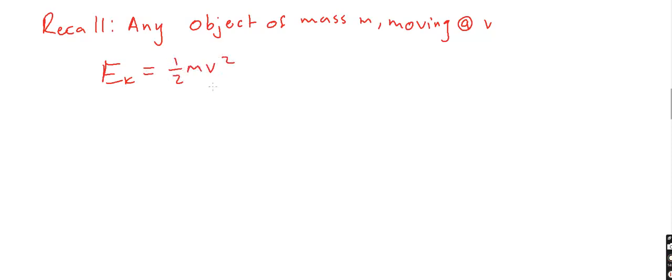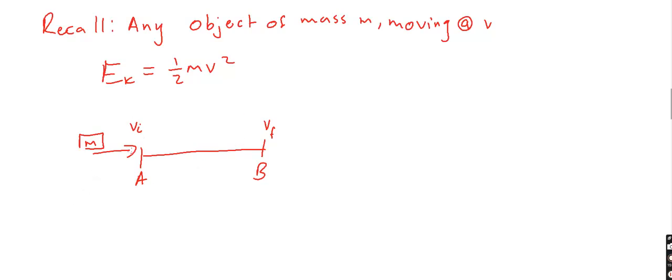Now suppose that the object moves from point A to point B, and it happens to have an initial velocity at point A and a final velocity at point B. It's still an object of mass m, and it's moving in that direction.